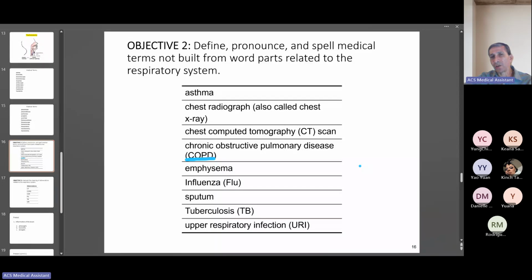This is a condition that happens to smokers, people who smoke frequently and a lot. A lot means one pack, two packs, three packs per day. These people are going to develop this condition. These are the people that are continuously coughing and throwing phlegm outside.